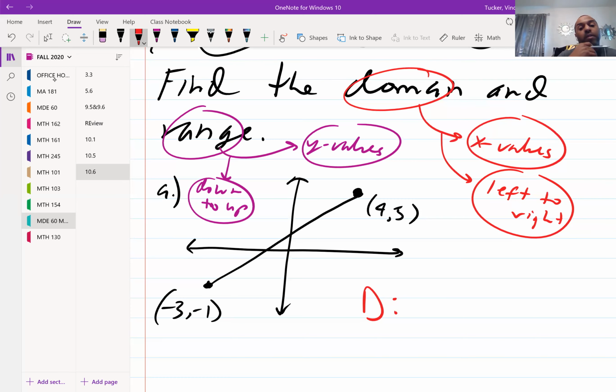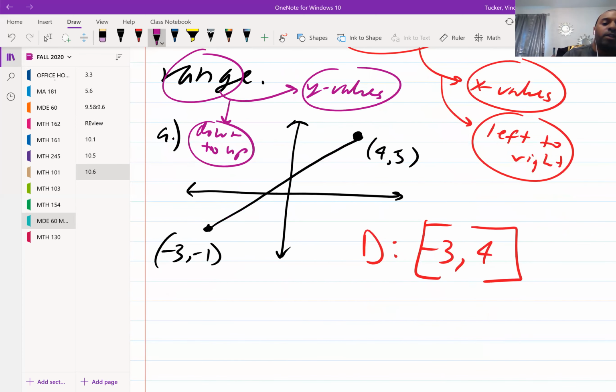All right, so your domain going from left to right is going to go from -3 to 4, and you would use bracket because those are closed circles. They didn't give you any open circles, but if you were to see any open circles, then you would use a parentheses.